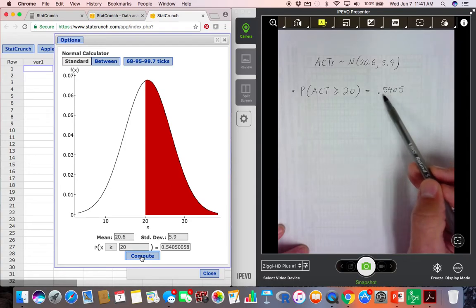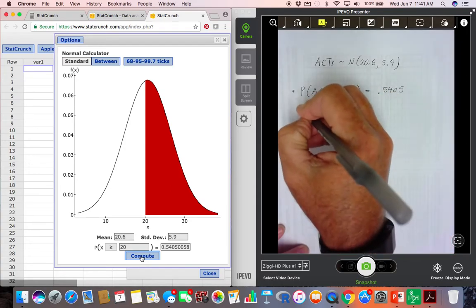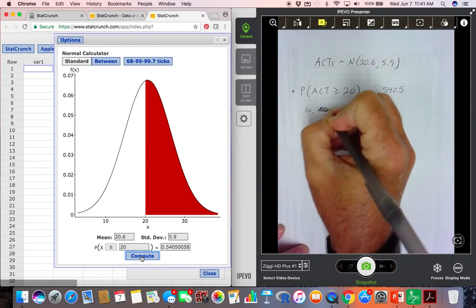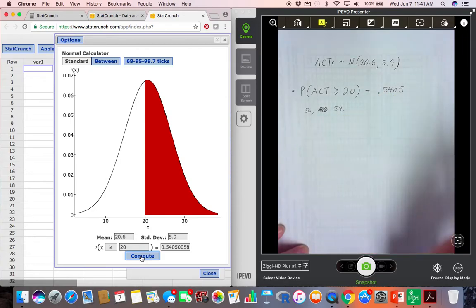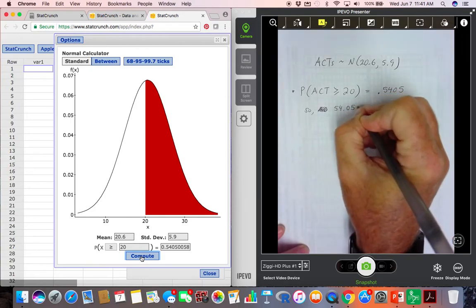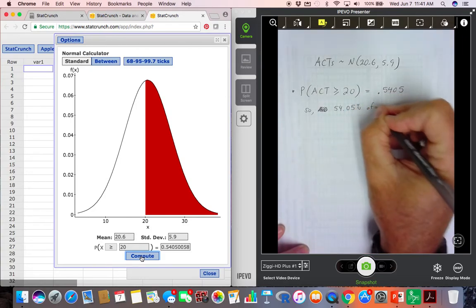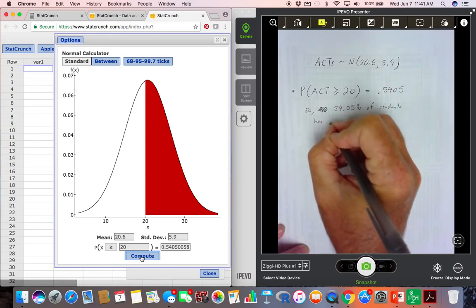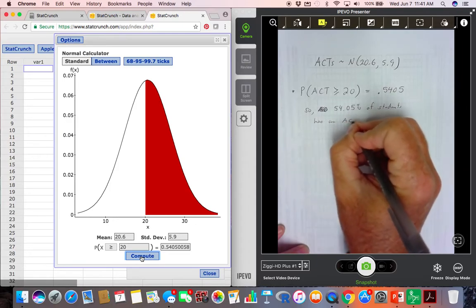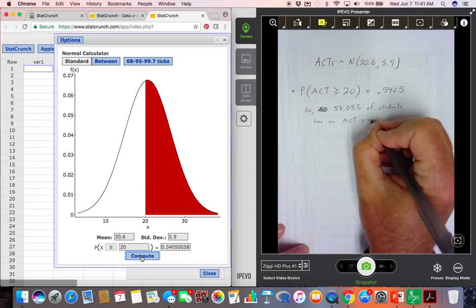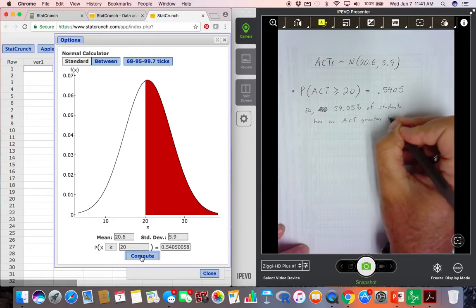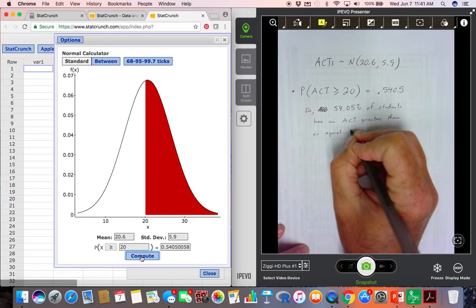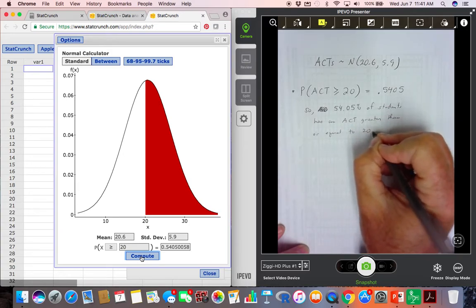So about 54.05% of students have an ACT greater than or equal to 20.